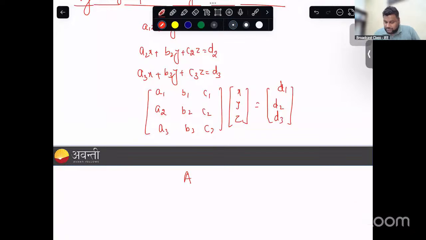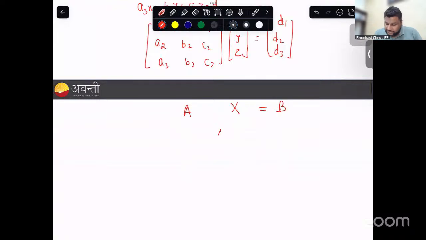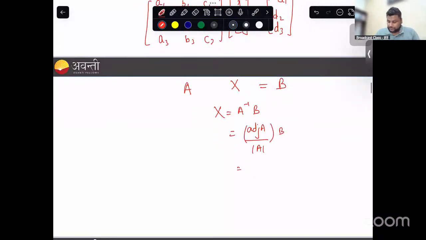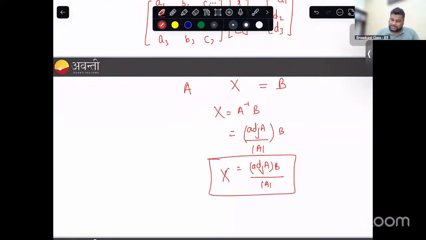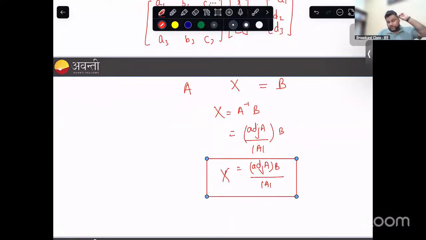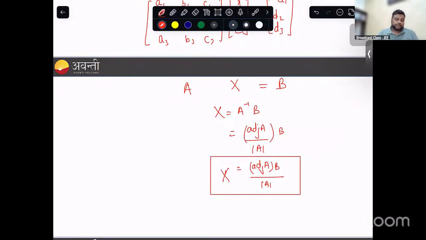Now let us call this AX equals B. So if AX equals B, can I say X is A inverse into B? That is adjoint A upon determinant of A into B. This is your matrix X. Once you get this, just compare with the x, y, z values, and you get the values of x, y, z. Am I clear?